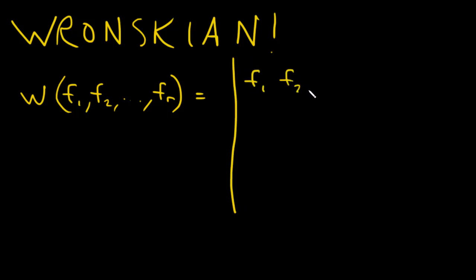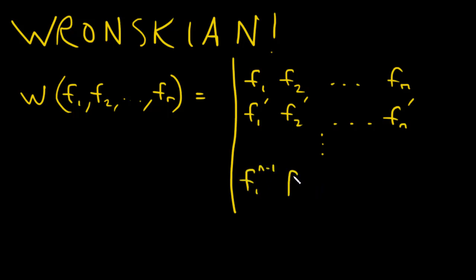f1, f2, dot, dot, dot, fn, then f1 prime, f2 prime, dot, dot, dot, fn prime, dot, dot, dot, all the way down to f1 to the n minus 1th derivative, f2 to the n minus 1th derivative, dot, dot, dot, f sub n to the n minus 1th derivative.